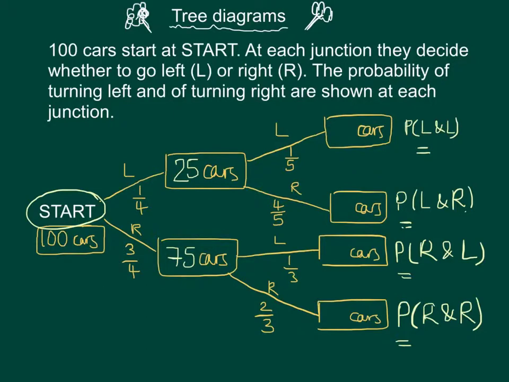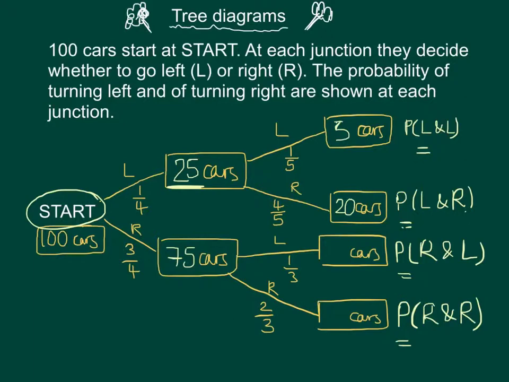We've got the 25 cars. If 1/5 of them are going left, we do 1/5 of 25, which is 5 cars. And then going right, we've got 4/5, which is 20 cars. And if we add those together, we get the 25 cars that we started with. Okay. So far so good.